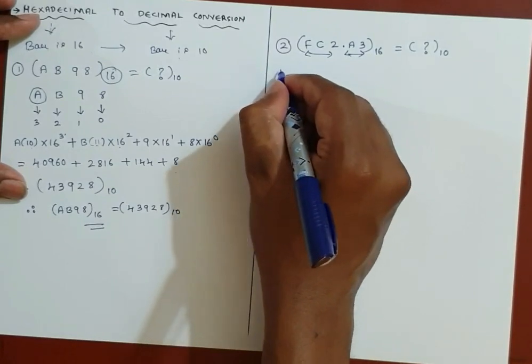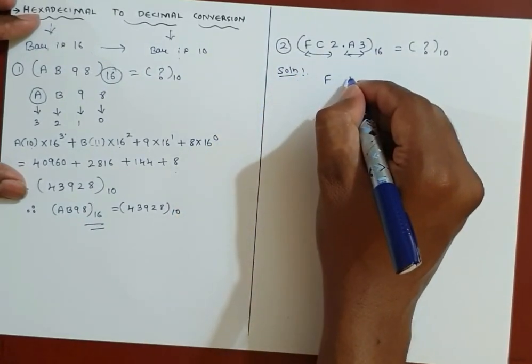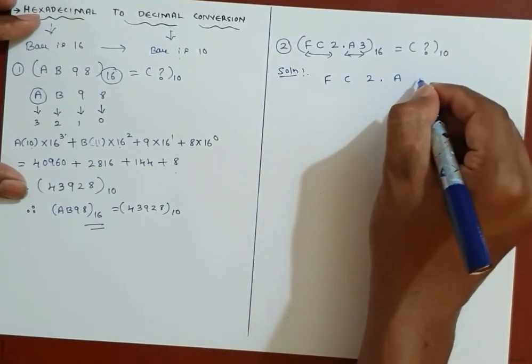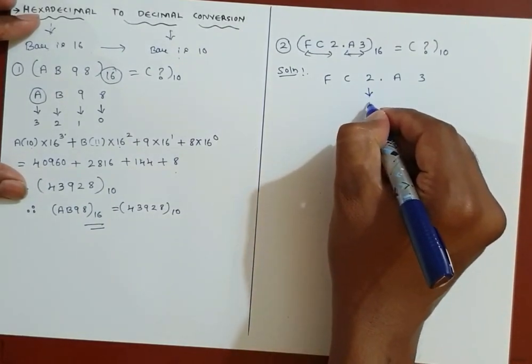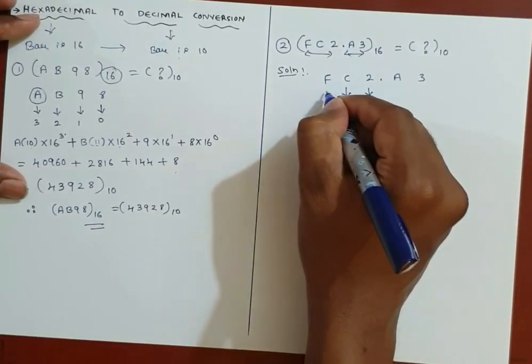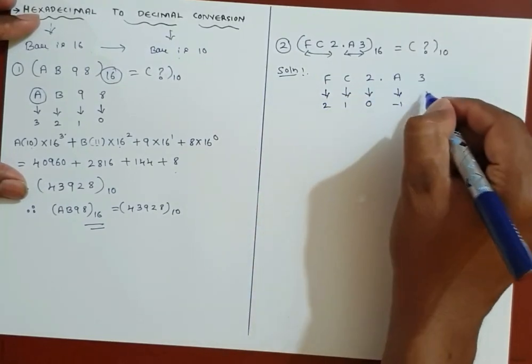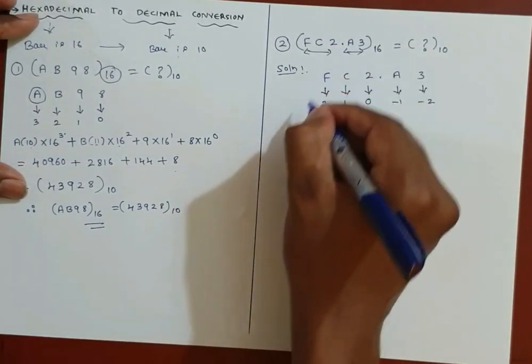First take the given hexadecimal number FC2 dot A3. First find the positions. The position is 0 here, the position is 1, the position is 2, here the position is -1, here the position is -2.